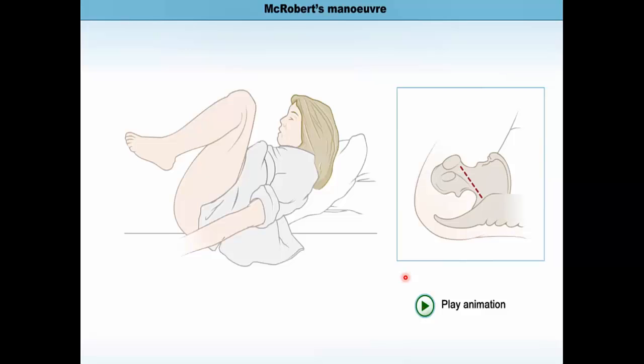In this McRoberts maneuver, there is straightening of the lumbosacral angle, so it rotates the pelvis and increases the anterior posterior diameter of the pelvis. So this is the mechanism of the McRoberts maneuver.